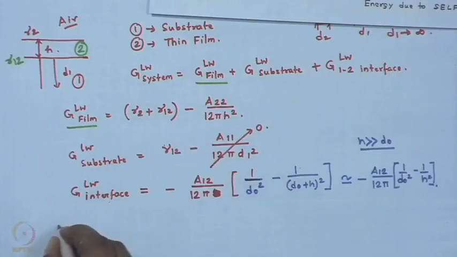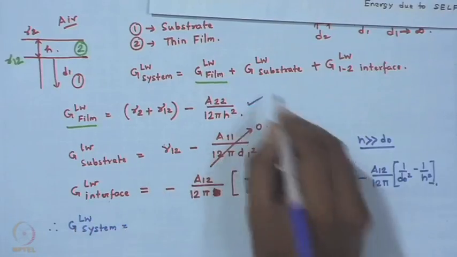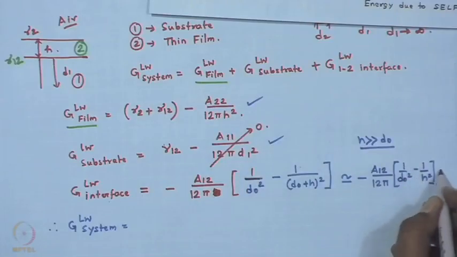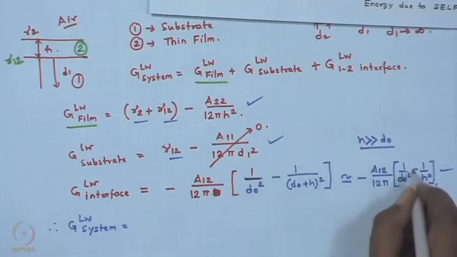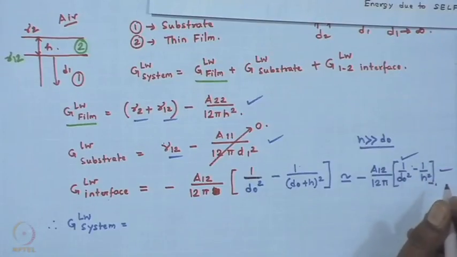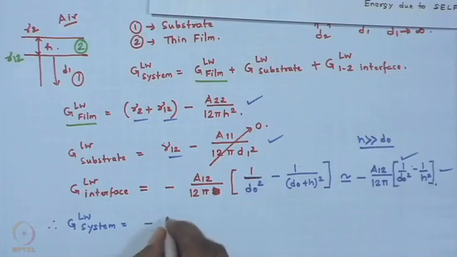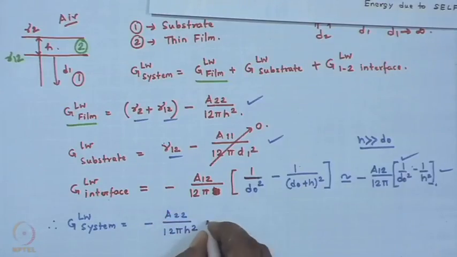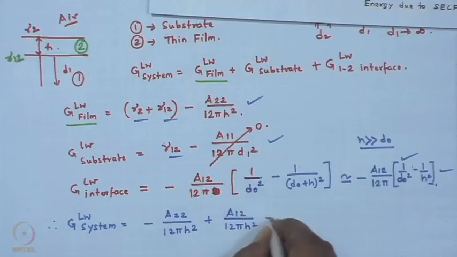Therefore, the total GLW of the system, if you add up all these three terms, you find that this as well as this term are constant. The only non-constant terms are A 22 minus A 22 divided by 12 pi h square plus A 12 divided by 12 pi h square plus all constants.